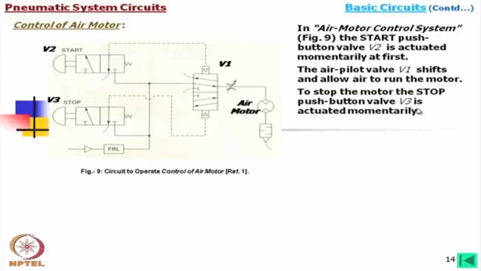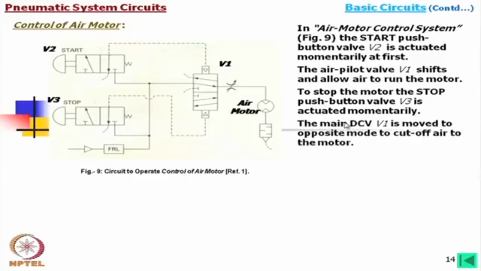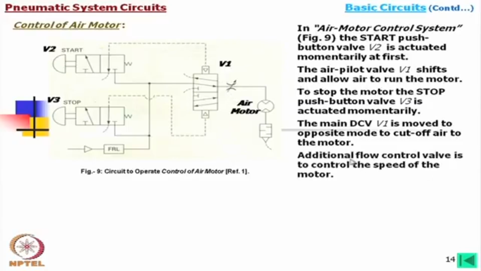To stop the motor, the stop push button valve V3 is actuated momentarily. Then what happens? The main DCV is moved to the opposite mode. It moves to this mode to cut off air from the motor, and in this way the running is stopped.